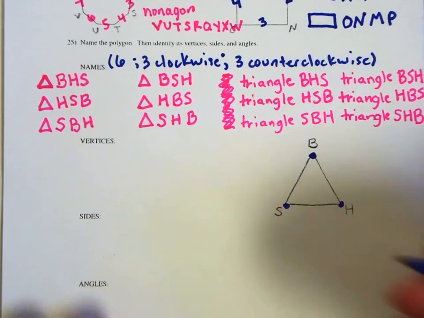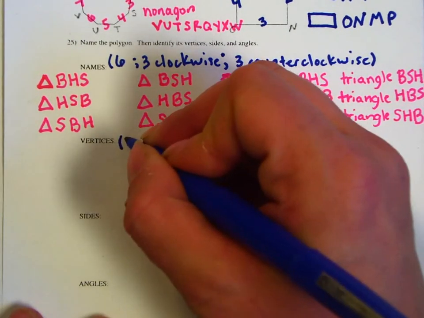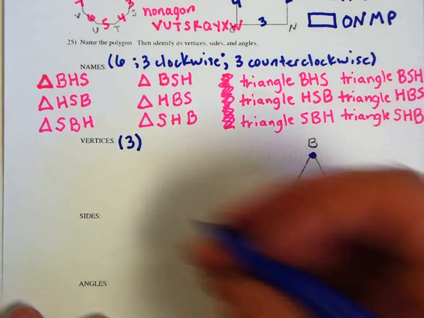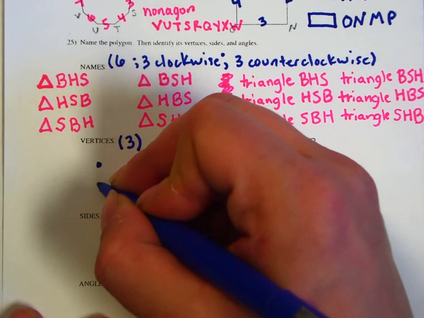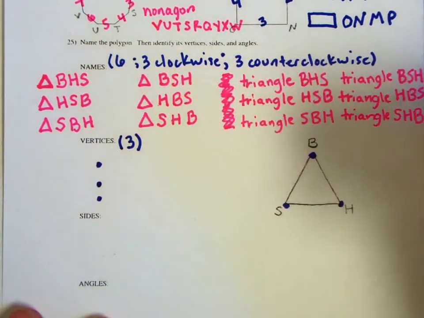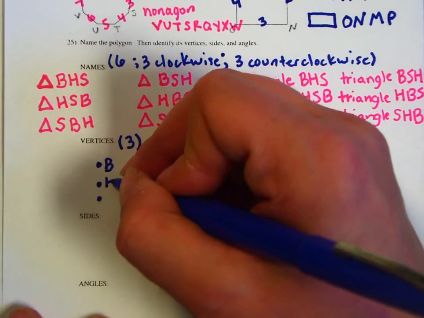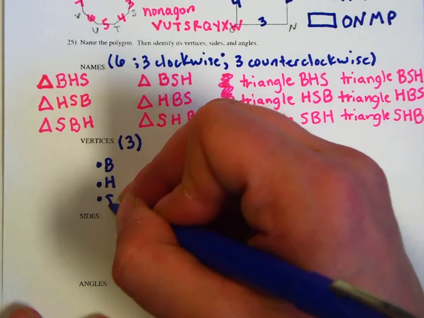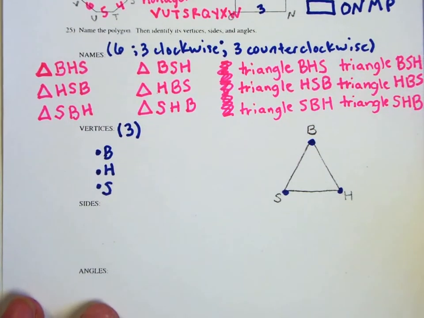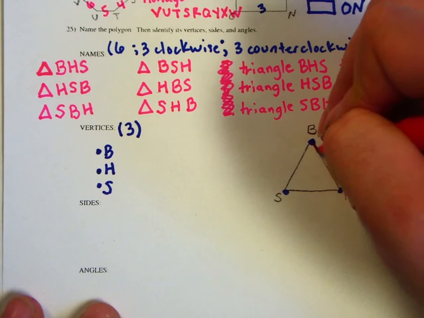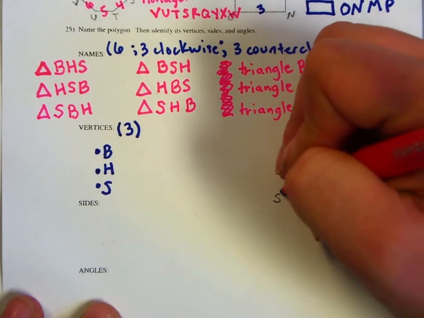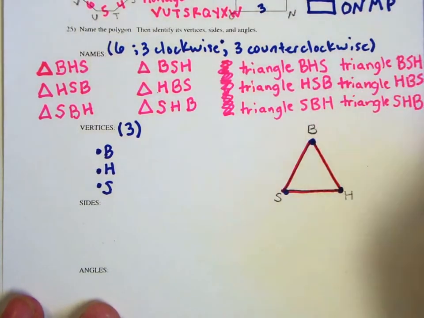Okay, we know that this is a triangle. So we know that we're going to have 3 vertices. We know a vertex is a point, so we name it as a point. So point B, point H, and point S. We know that sides connect consecutive vertices.